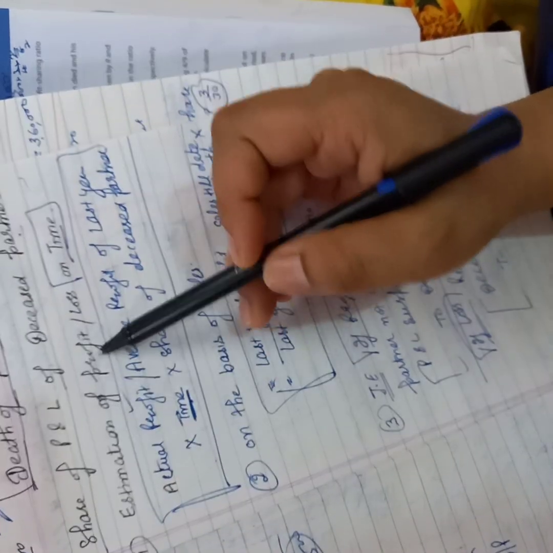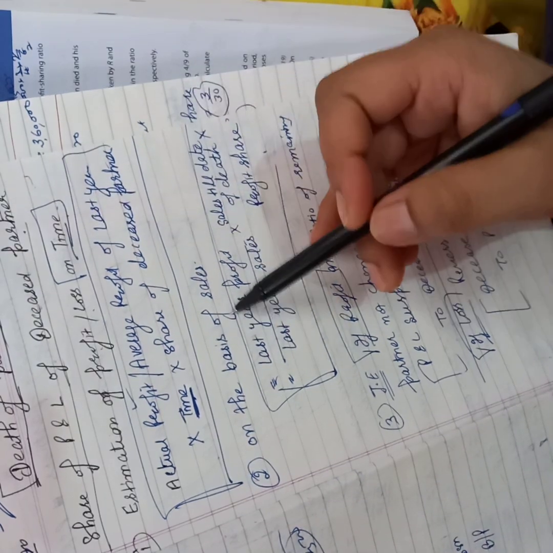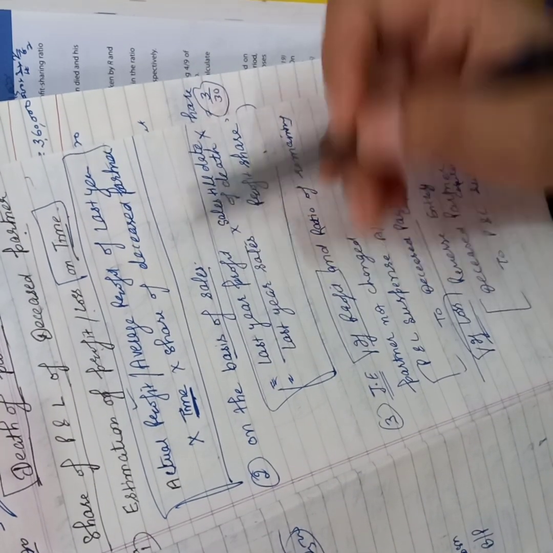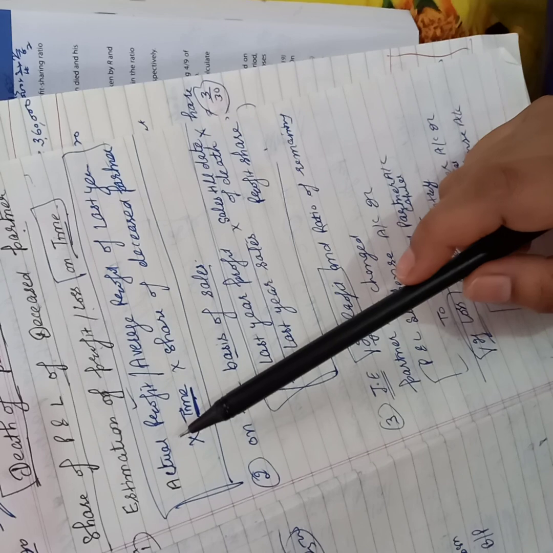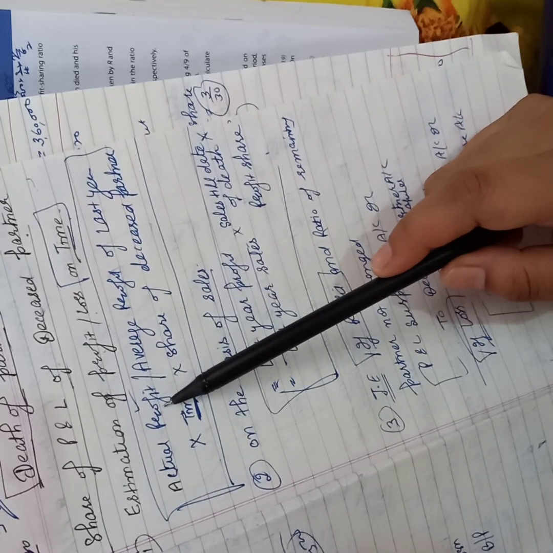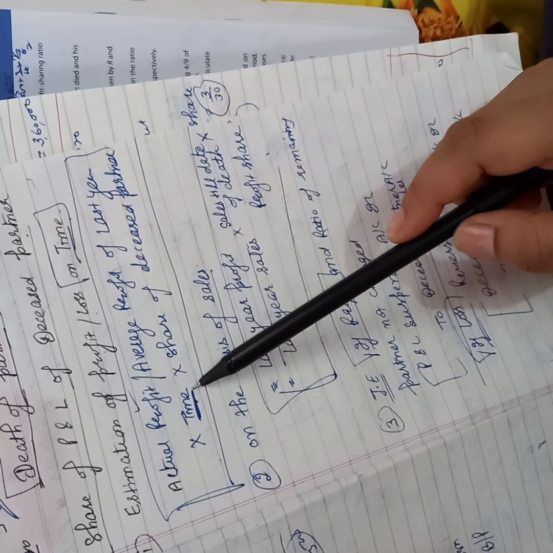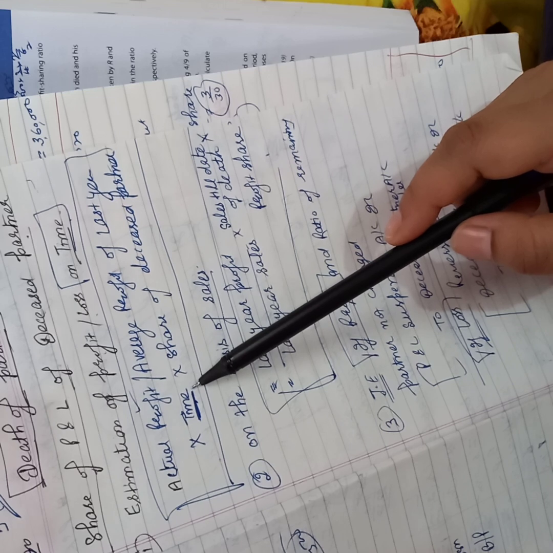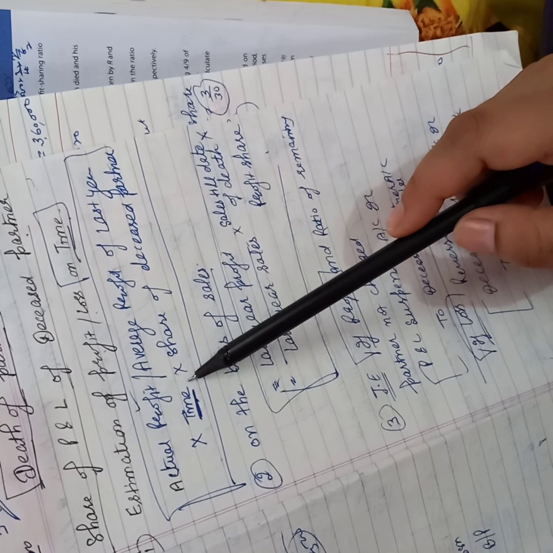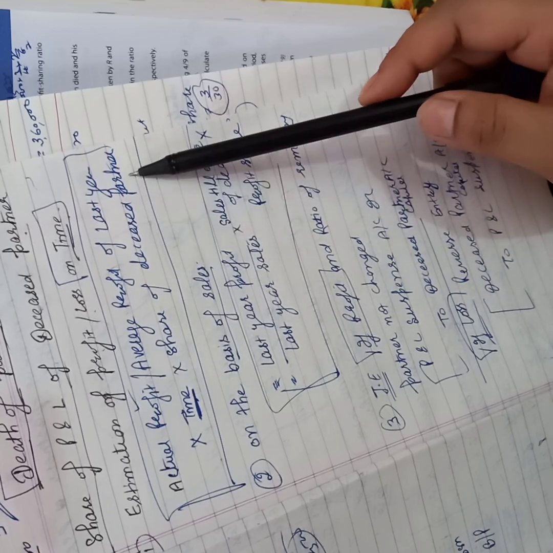First of all, there are two ways. One is estimation of profit and loss on the basis of time, and second is on the basis of sales. The first is on the basis of time. Here we use the formula: actual profit, which will be given for the current year, or average profit of last year, into time factor, the months spent by that particular partner before the death, into share of deceased partner.